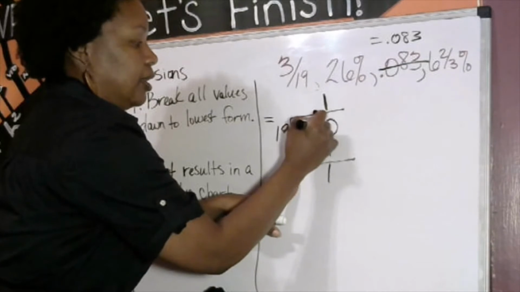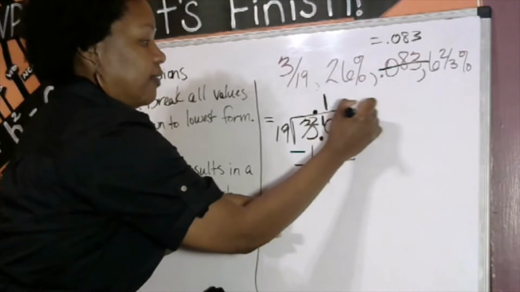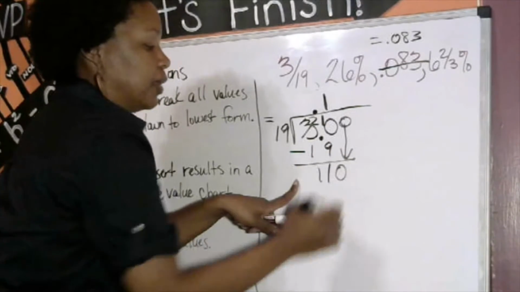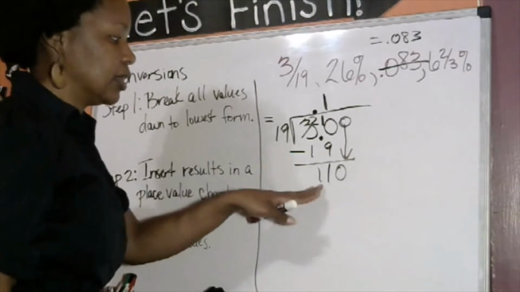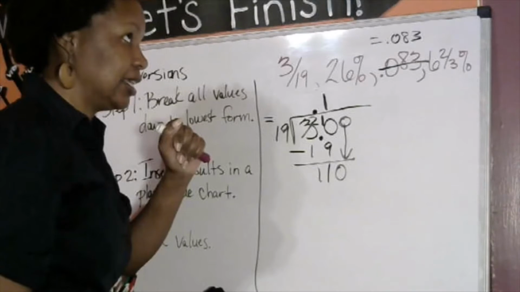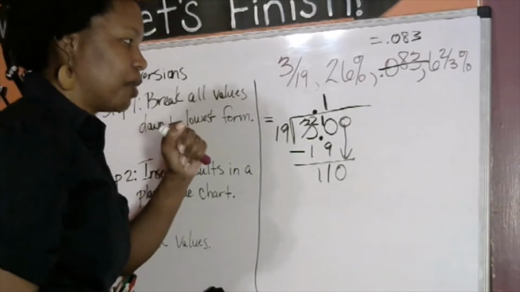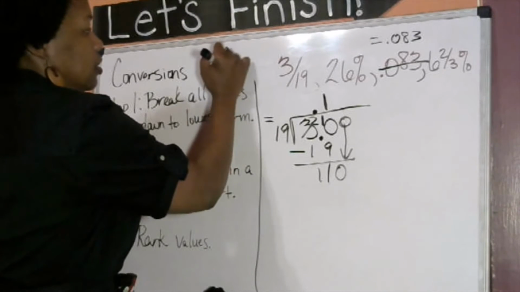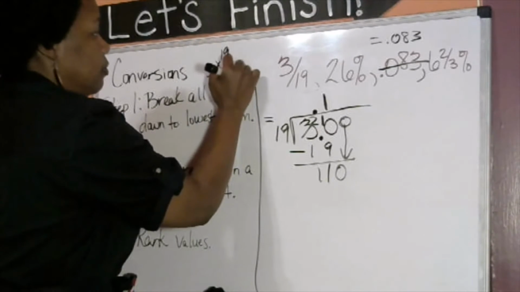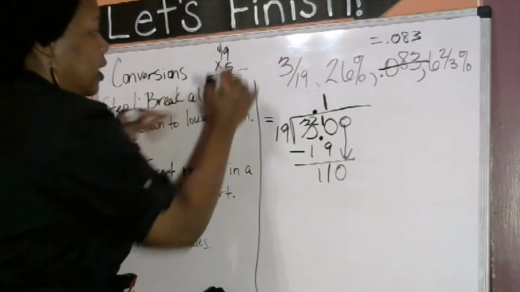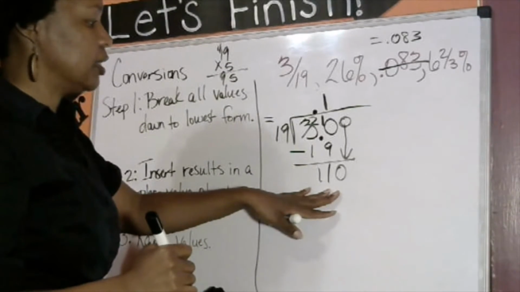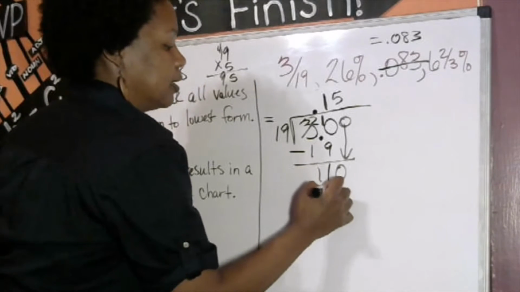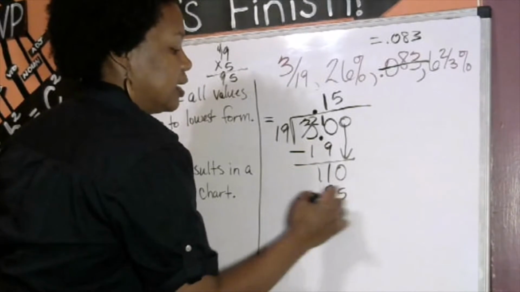We get 11. Bring down this 0. 19 goes into 110 about 5 times. Let's check to make sure. 5 times 9 is 45, 5 times 1 is 5, plus 4 is 9, so 95. Yeah, okay. So 5 times 19 is 95.